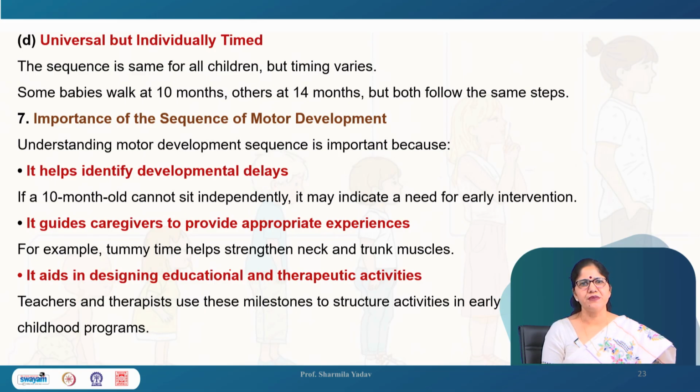Understanding motor development sequence is important because it helps identify developmental delays. If a 10-month-old cannot sit independently, it may indicate a need for early intervention. Here parents and caregivers need to identify this milestone and intervene.